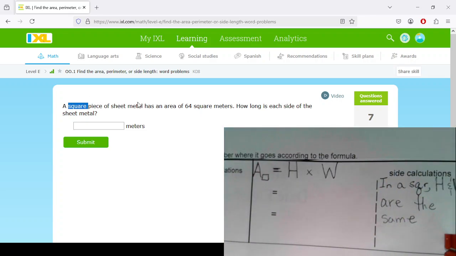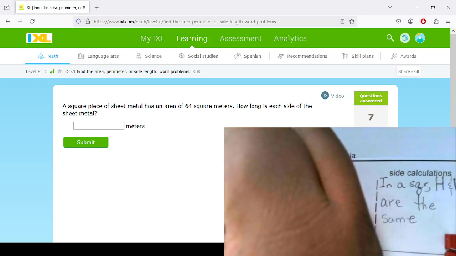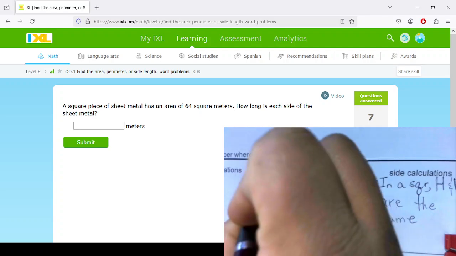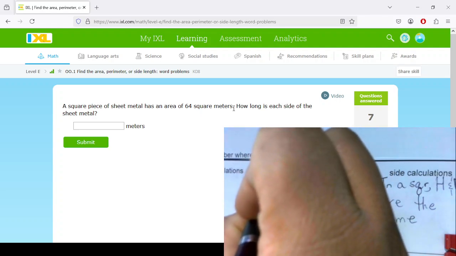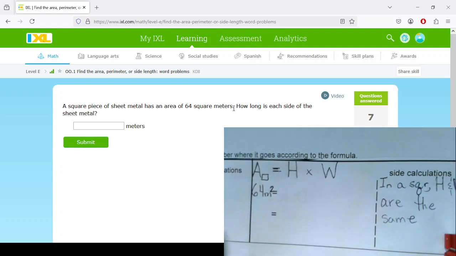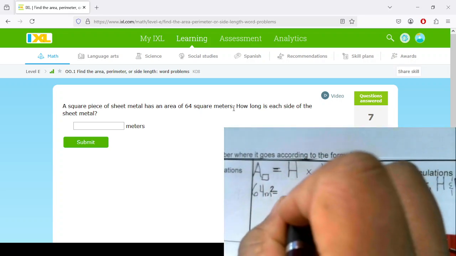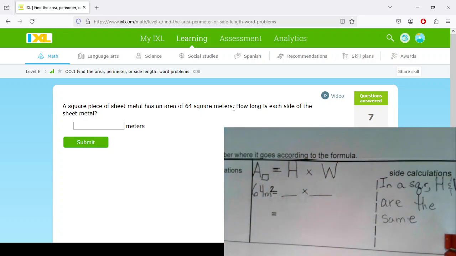Okay, this piece of metal that I'm looking at is in the shape of a square. It's a special rectangle, not just a regular rectangle. How long is each side? So the 64 square meters. I need to write the unit and make sure I put the square meters there. 64 square meters. So I'm looking for a number that multiplied by itself gives me 64.